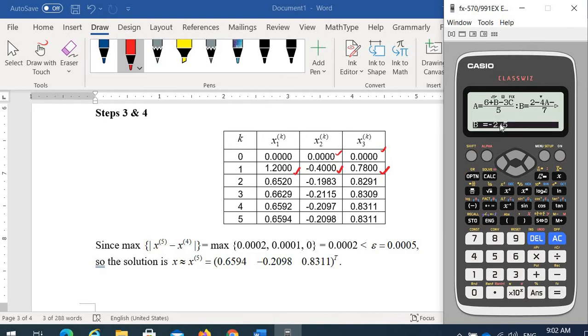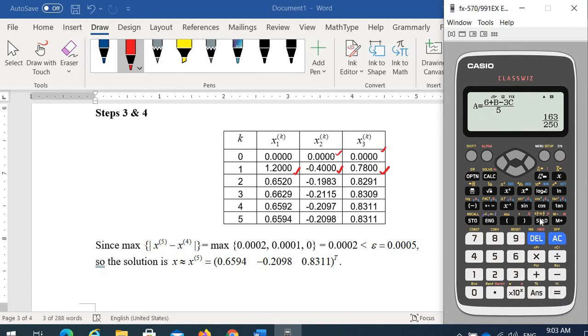Equal, you go to A. Negative 0.4. So to calculate A, you need B, C. If you go down, you see C. You convert in the fraction form.